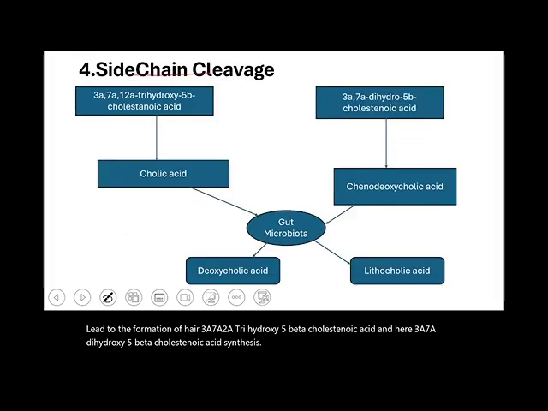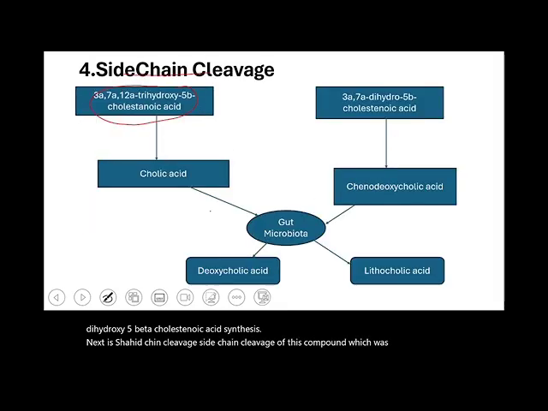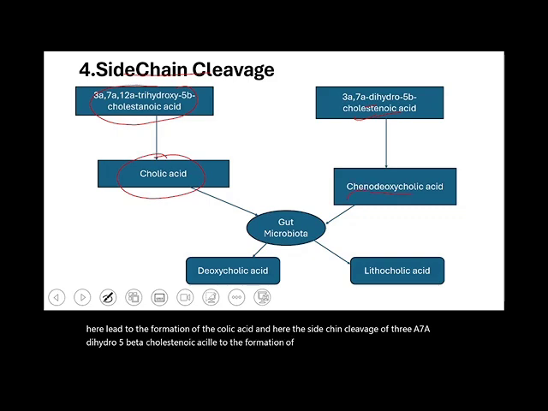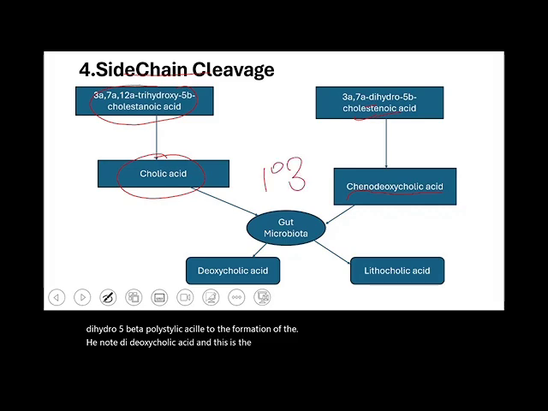Next is side chain cleavage. Side chain cleavage of this compound, which was already formed here, leads to the formation of cholic acid, and here the side chain cleavage of 3 alpha 7 alpha dihydroxy 5 beta cholestanoic acid leads to the formation of chenodeoxycholic acid. These are the primary bile acids that are synthesized in the liver.